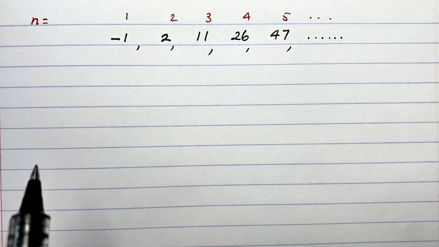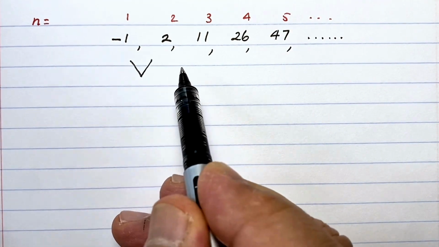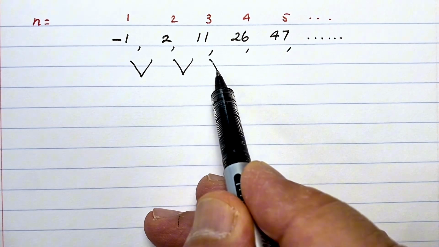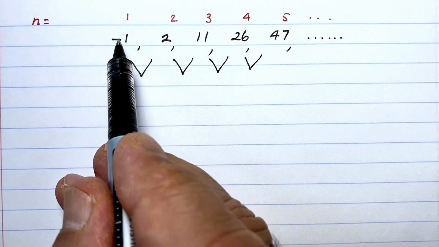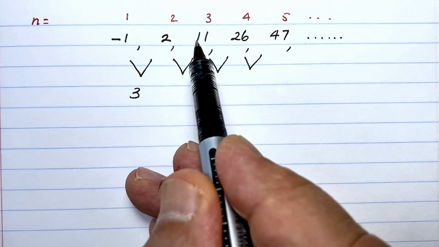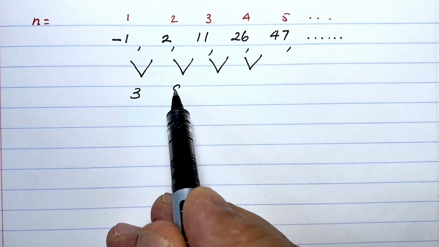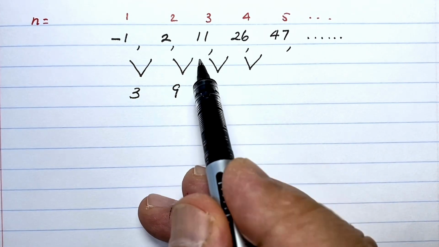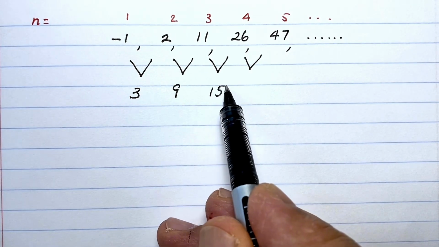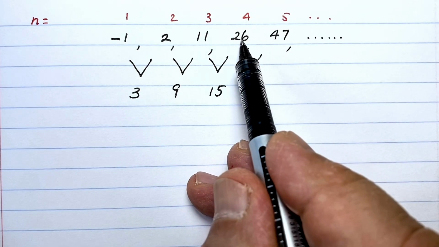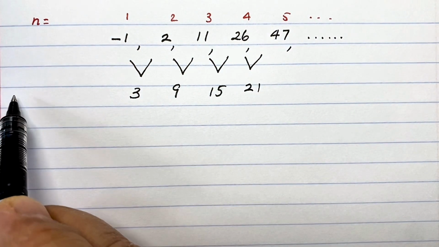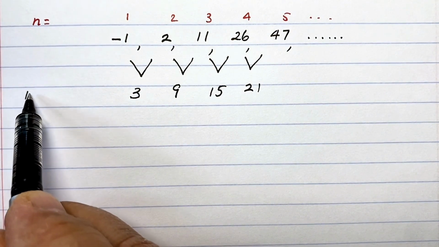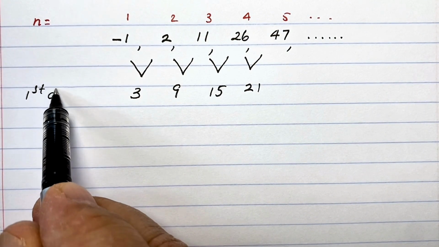We'll find the first difference. So 2 take away minus 1, 11 take away 2, 26 take away 11, 47 take away 26, which would be 21. So that's my first difference.